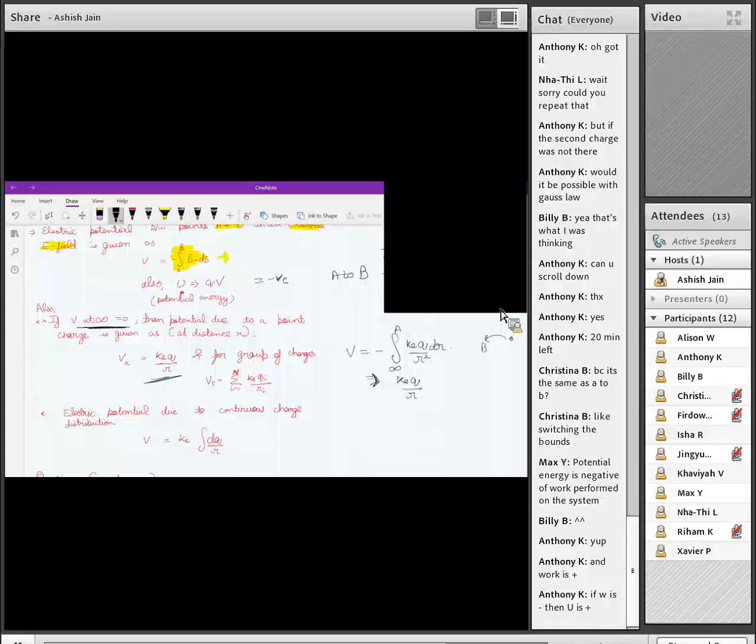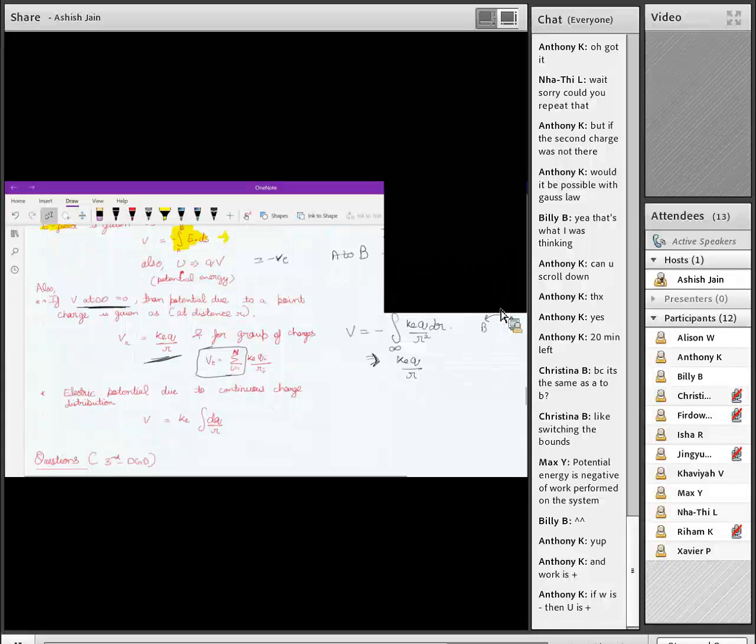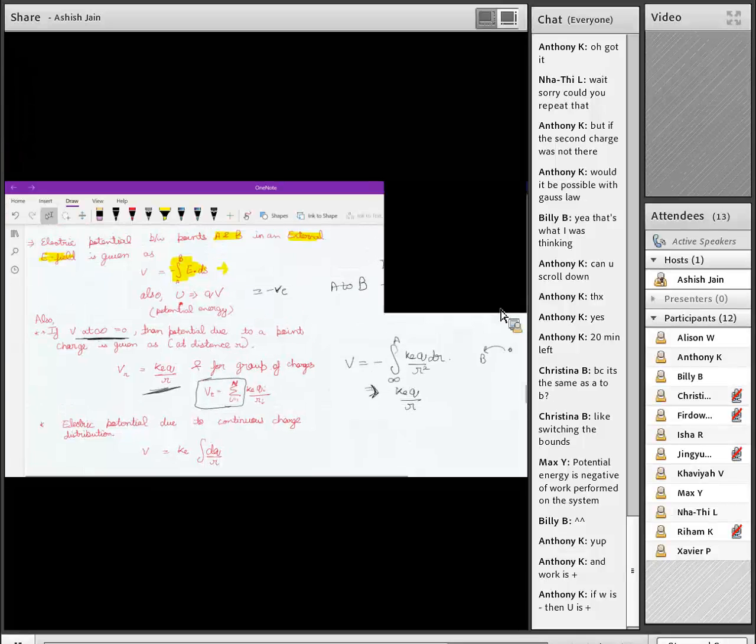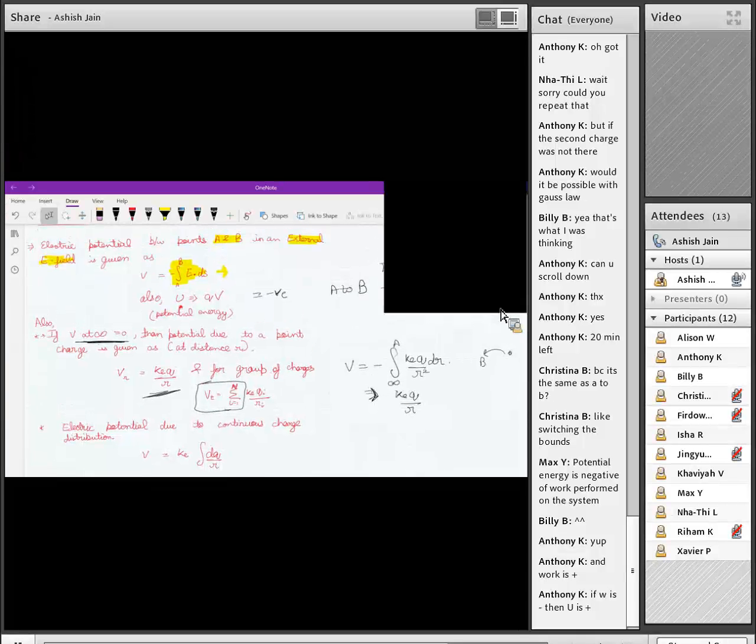And if there is a group of point charges, then potential is given as, again, you put the summation, k q_i over r_i, and potential is a scalar, so you don't have to worry about the directions and stuff. And this should be E dot ds.